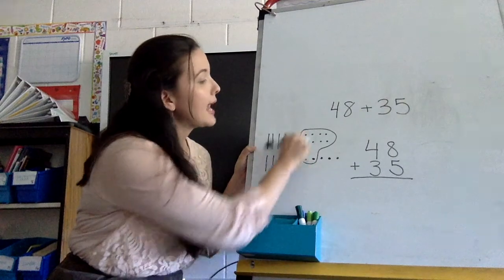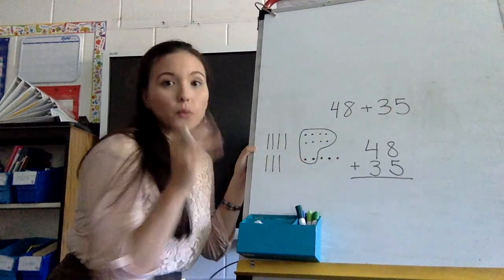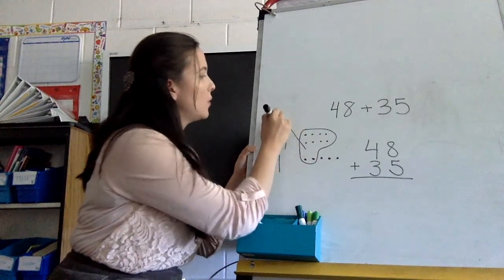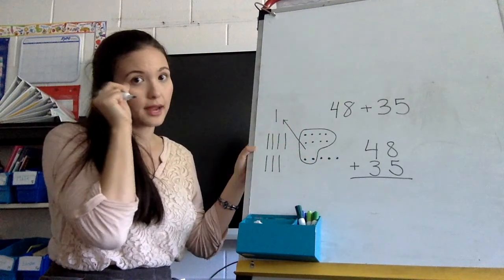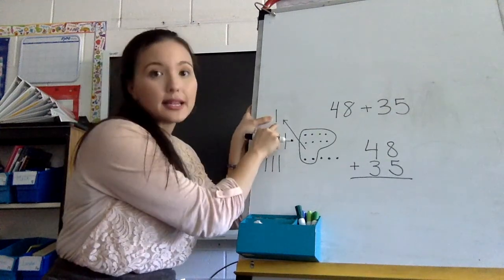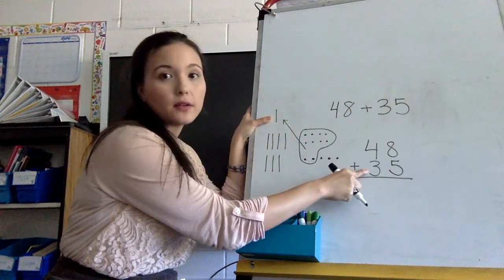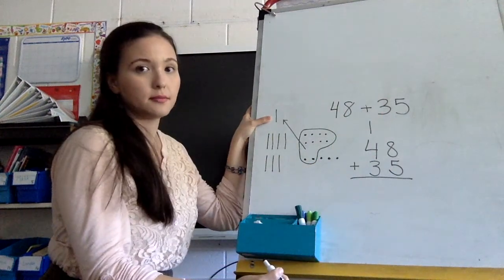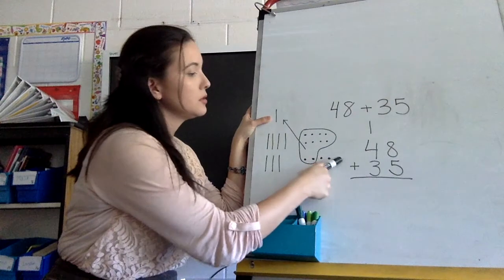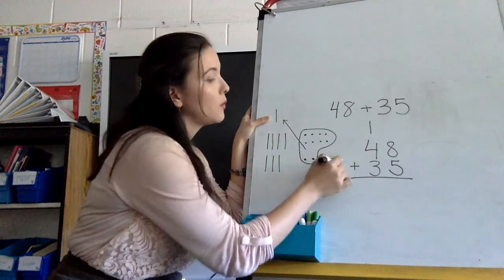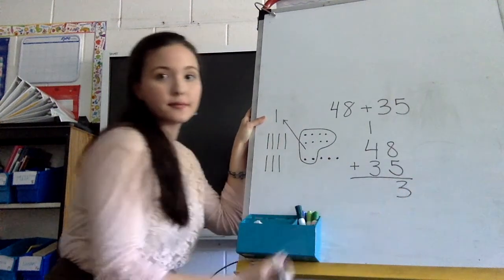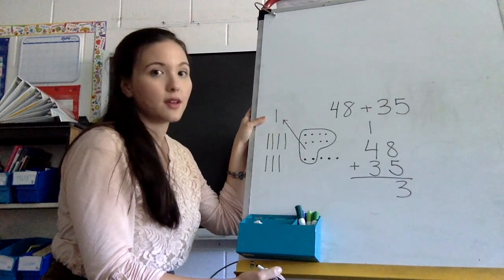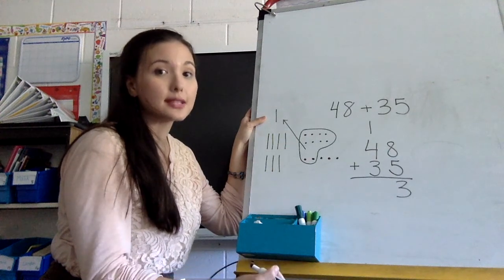So we're going to take 10 of these ones and we're going to regroup it into 1 ten. If I'm regrouping it into 1 ten, I need to show that over here. 1 ten. Okay? And then I have 1, 2, 3 ones left. 3 ones. All right, so that's what that regrouping looks like.